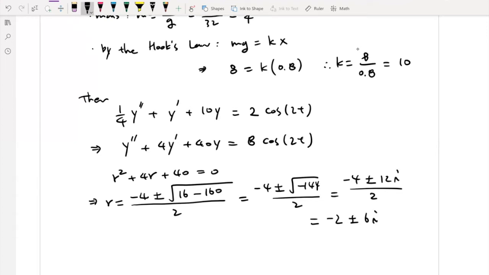Okay? Since the solution of the characteristic equation has a real and an imaginary part, my fundamental set of solutions will be an exponential function part and a trig function part as well.